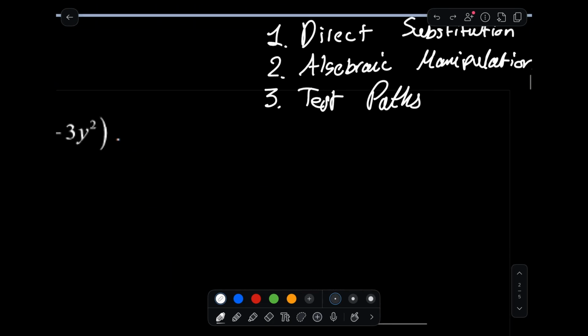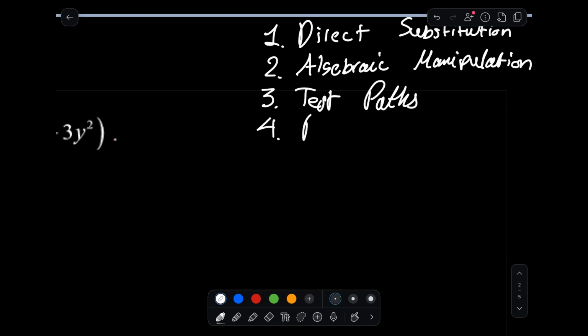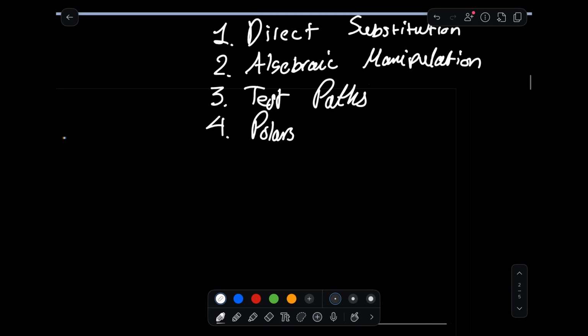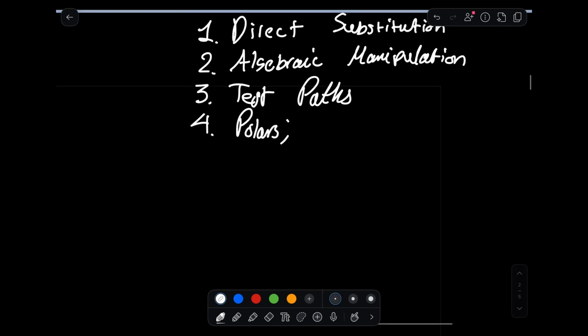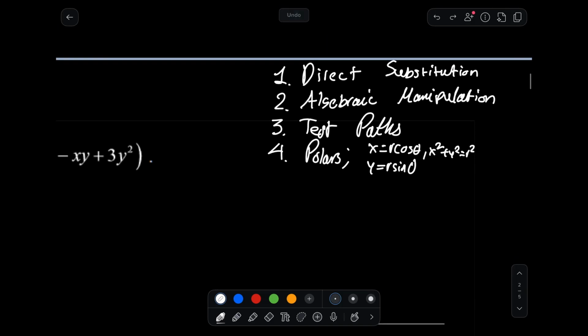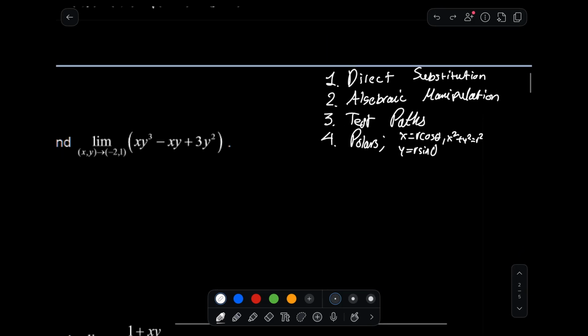And then fourth, we have polars, and this will come in useful with stuff like this. Whenever you see any of these types of equations show up, x squared plus y squared equals r squared is a really common one, you can use polars for substitution. And yeah, let's jump right into it.